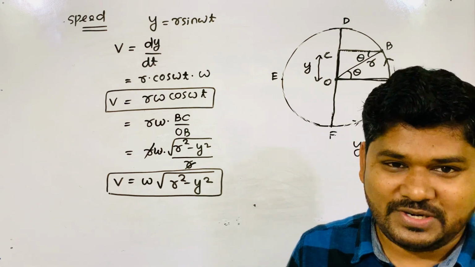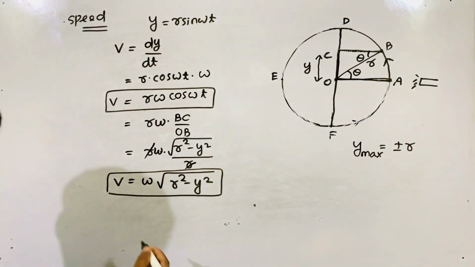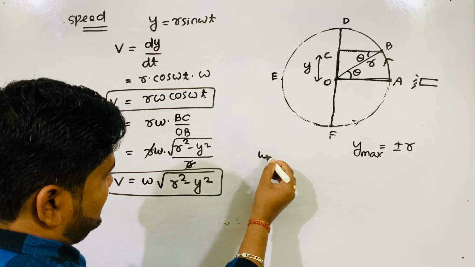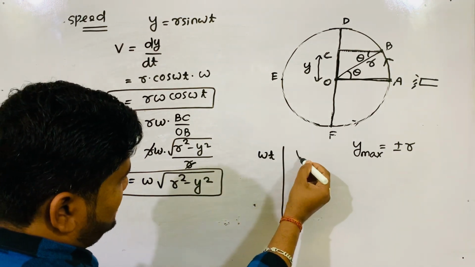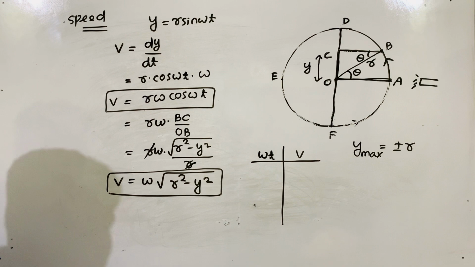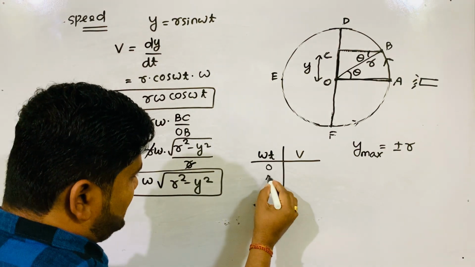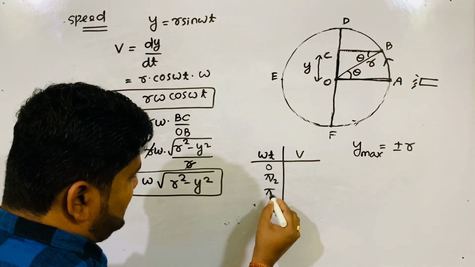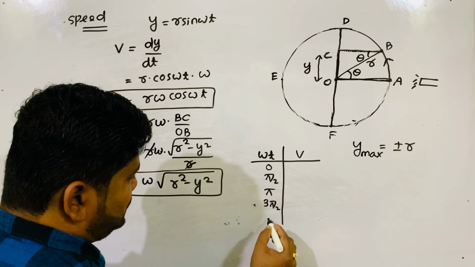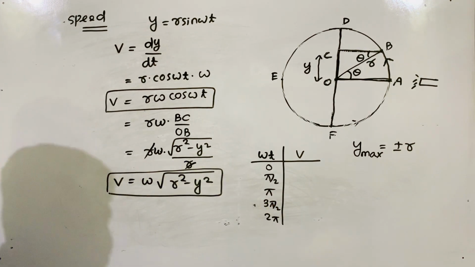Table is most required, so we'll make a table. Omega t versus v: 0, pi by 2, then pi, then 3 pi by 2, then 2 pi.